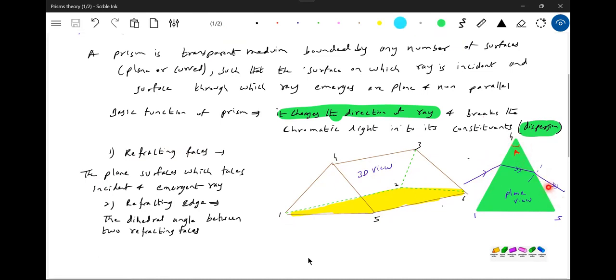So these are the refracting faces. Then this is the refracting edge. The dihedral angle between two refracting faces is the angle of prism. Here I'll indicate it. This is the angle of prism.